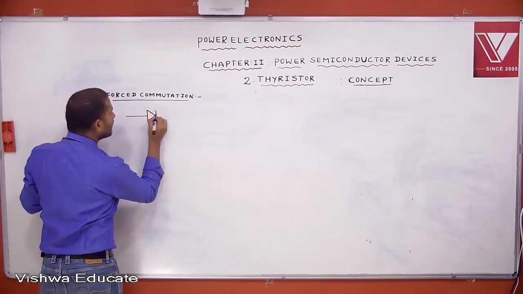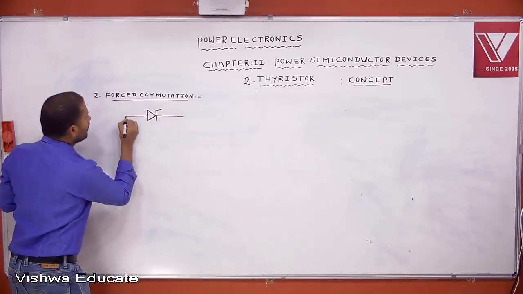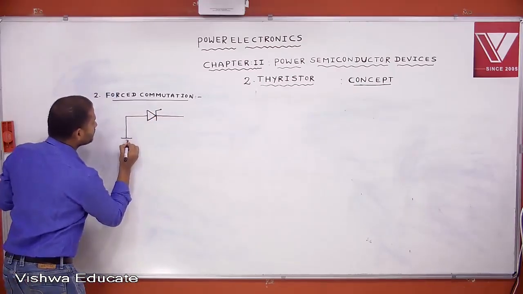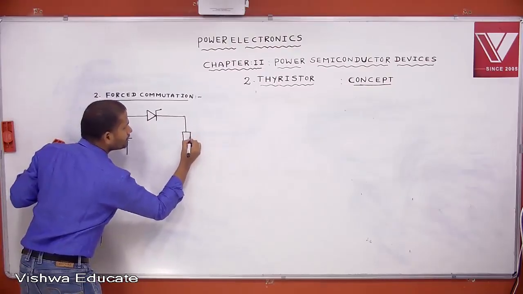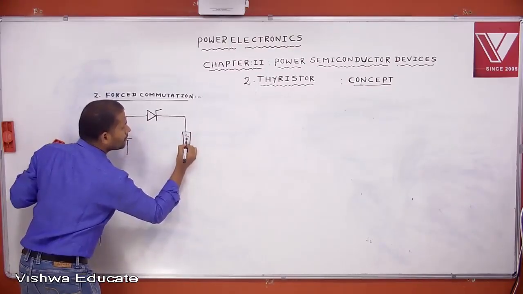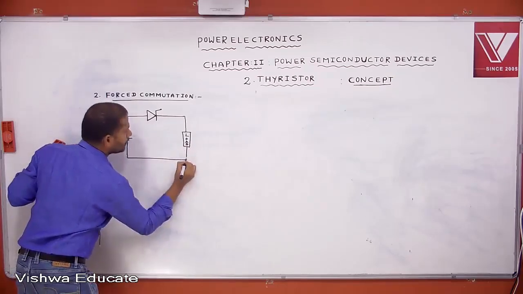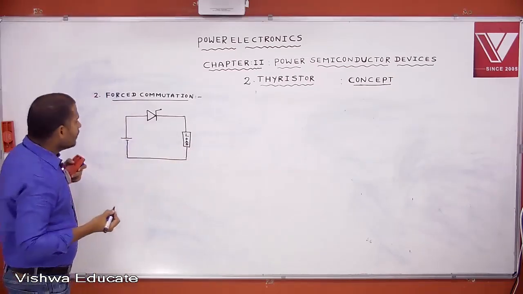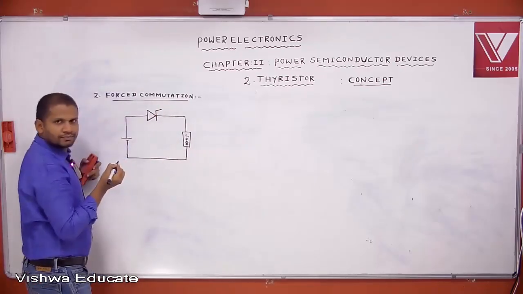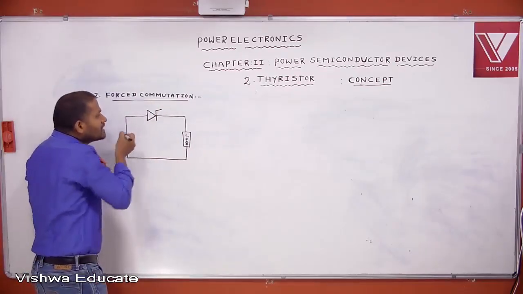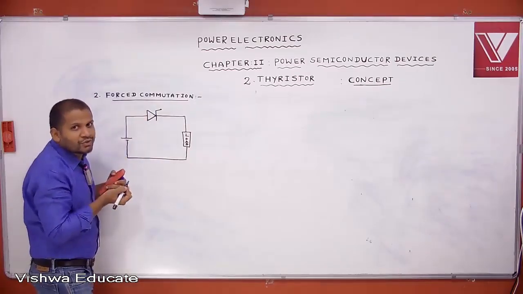Once we are studying commutation, the device must be a thyristor. If the supply is DC, there is some load connected. Now, once the SCR is triggered, it starts conduction. After some time you want to turn off this thyristor. Then how will the thyristor be turned off?